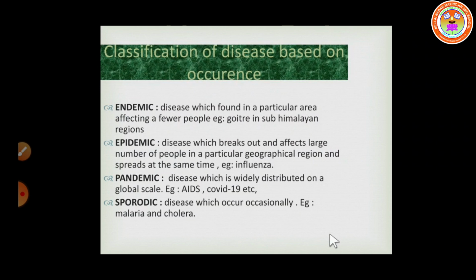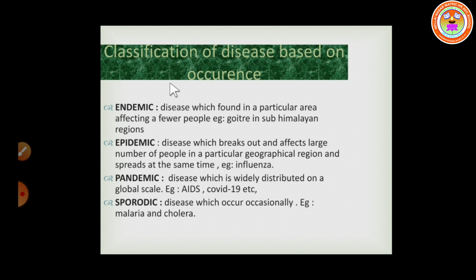Classification of disease based on occurrence. First is endemic. So what is endemic? Endemic diseases are found in a certain geographical area, affecting fewer people, that is low incidence.